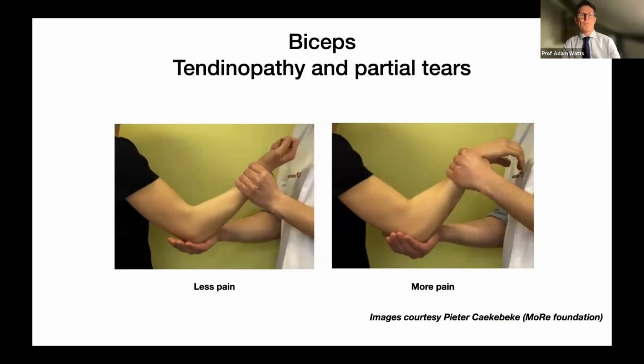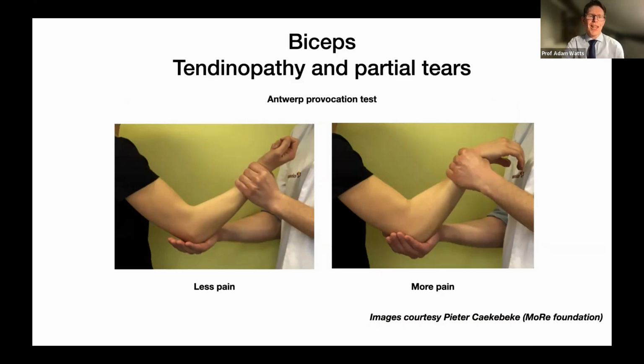but if there's a complete rupture, then that's helpful. For picking up partial tears or tendinopathies, we can do a resisted O'Driscoll's hook test, where we do the hook test but apply a force into the palm as we hook the tendon. If that's painful, then that might indicate a partial tear or tendinopathy. Roger van Riet and Peter Kekebeck from Belgium have described the Antwerp provocation test.